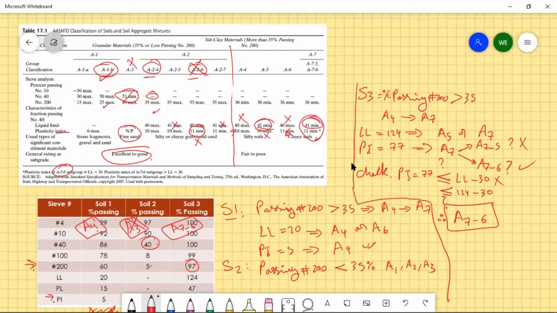First of all, it says the minimum passing number 40. Passing number 40 equals 40.